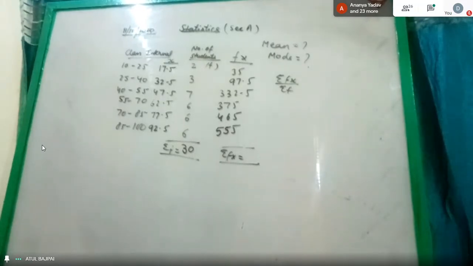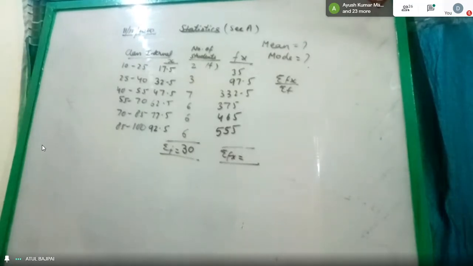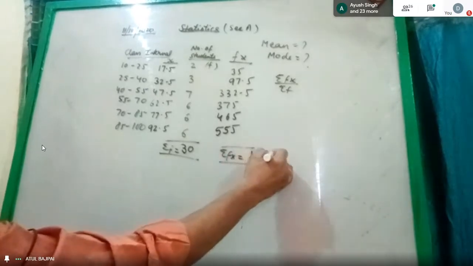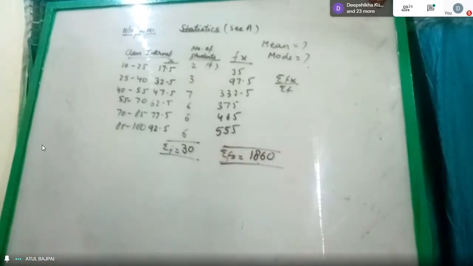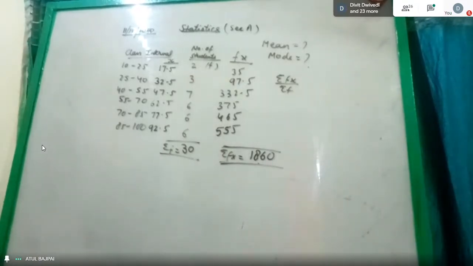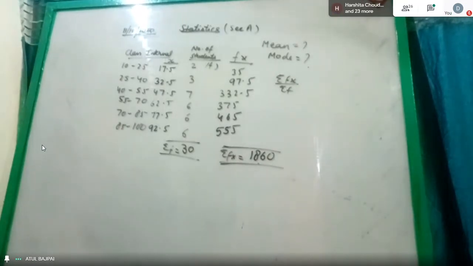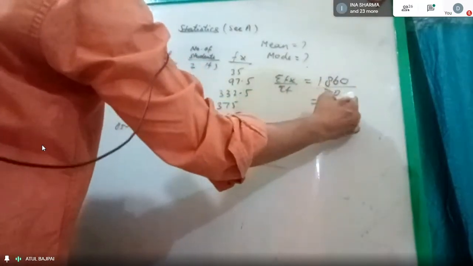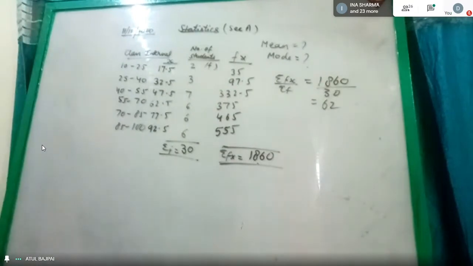What answer are you getting? Check. Yes, sir, 1860. The answer divided by sigma f, how much? 62.